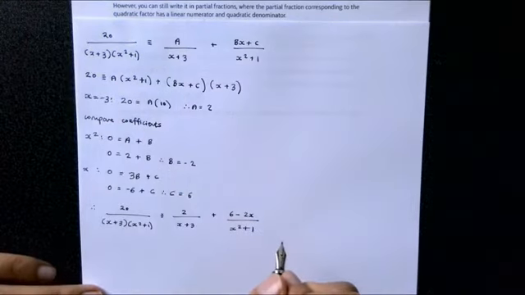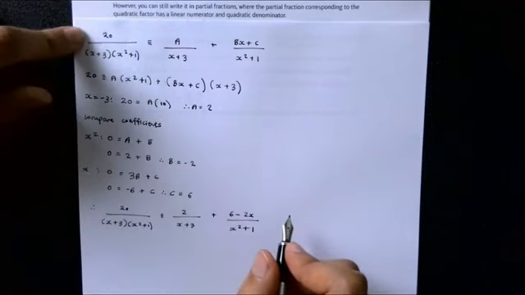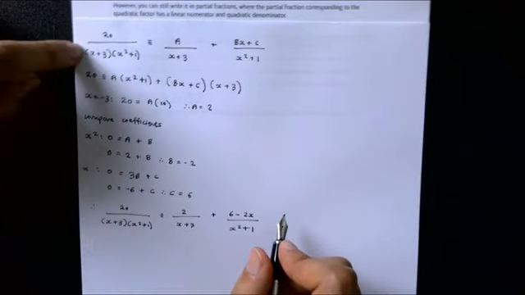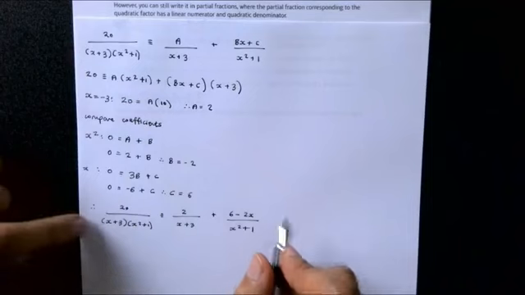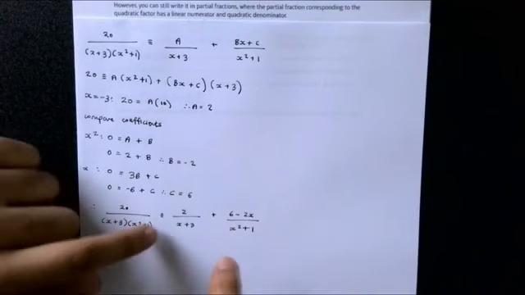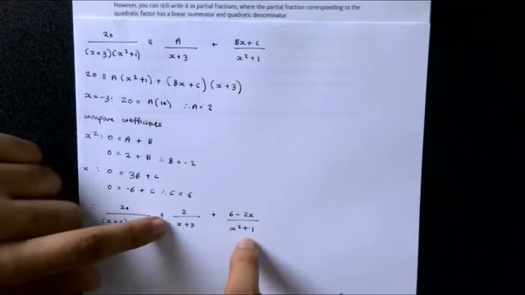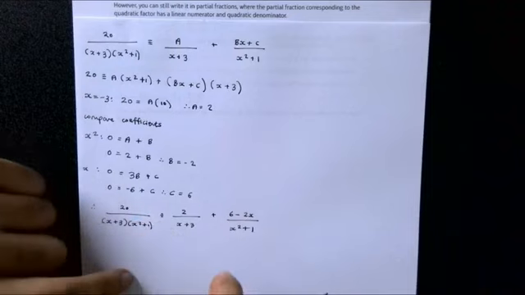And the idea is over here, if we were to integrate something like this, we'd split it up into partial fractions first, like we've done over here, and then integrate the terms separately.